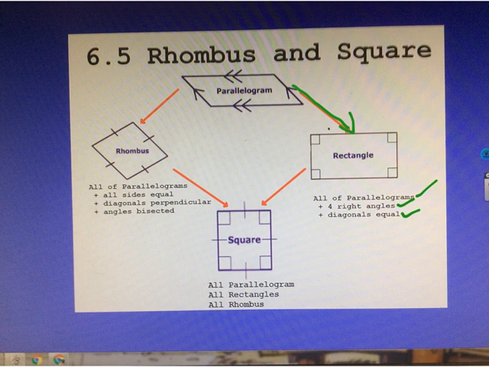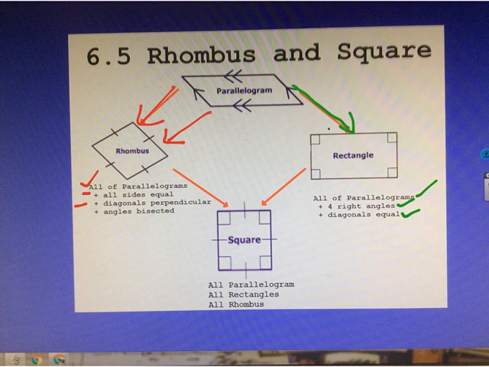Okay? In order for something to be a rhombus, which is what we're learning today, it again has to have all the parallelogram theorems be true. But what sets a rhombus apart is that all the sides are equal. So if it's a parallelogram whose sides are all equal, it's a rhombus.